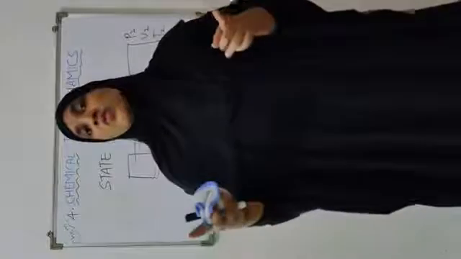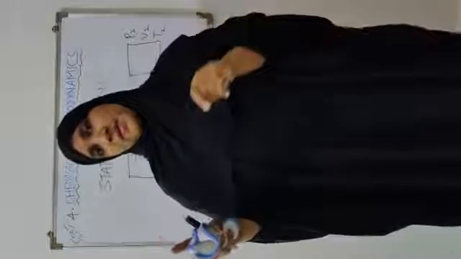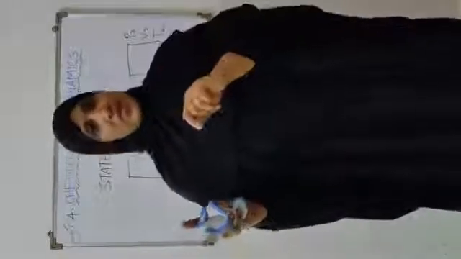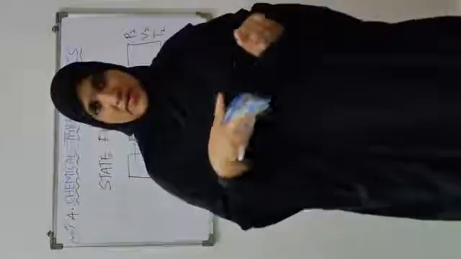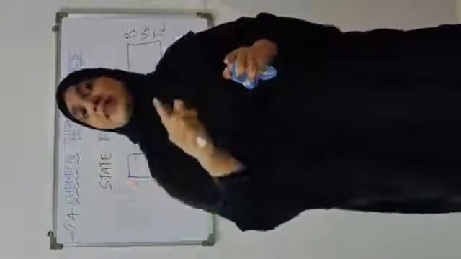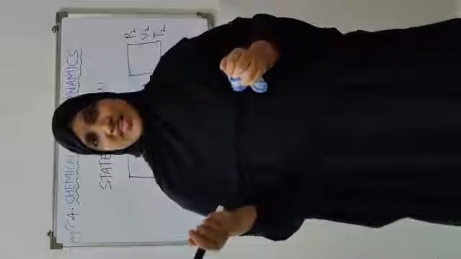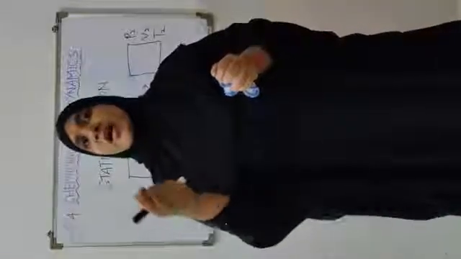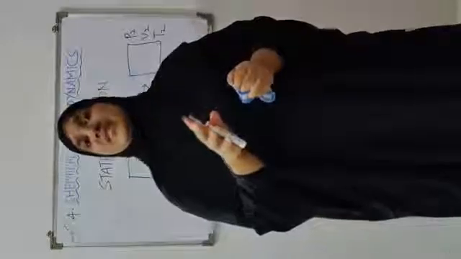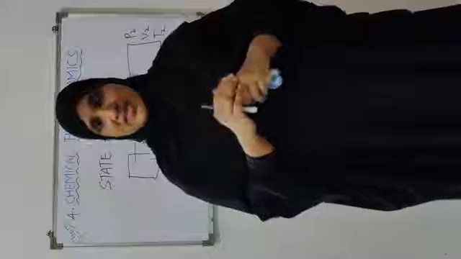Okay, so the amount of work done to reach the college will depend on the path you have selected. Though the distance between the 2 points remains the same, the amount of work will differ due to the path used for reaching that particular state. Okay, so work is what? A path function, it is not a state function. Similarly, heat is also a path function, not a state function.